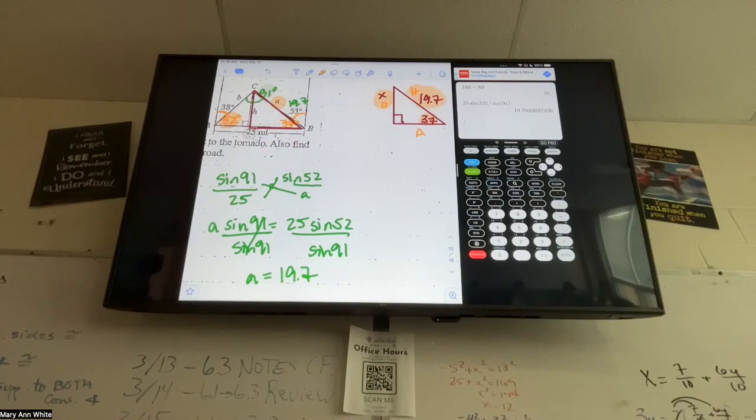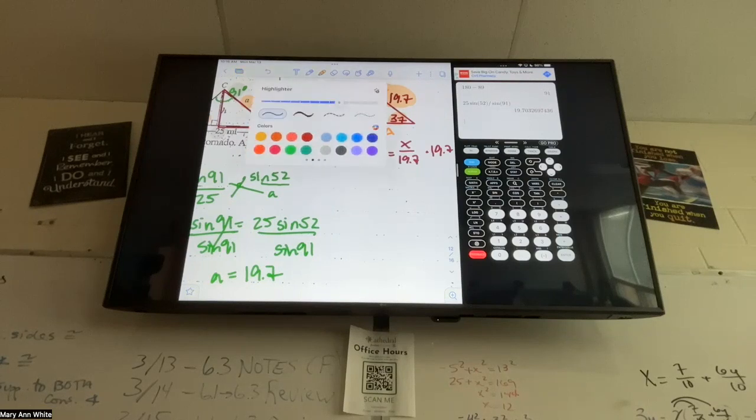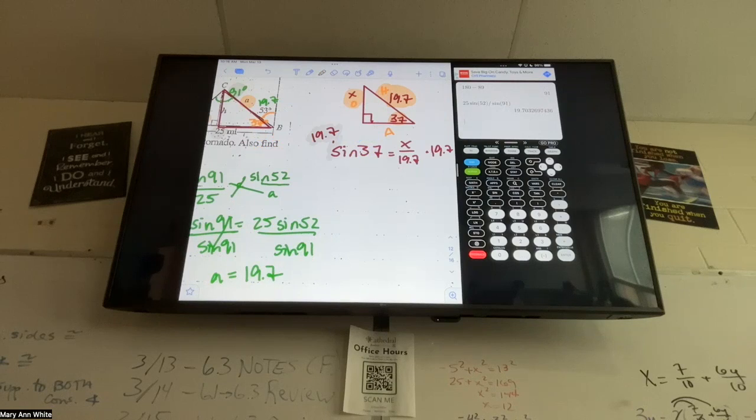Just like we did before, we're going to do sine of 37 equals X over 19.7, multiply by 19.7 on both sides, and then I'm going to plug 19.7 times sine of 37 into my calculator. And I get 11.9.